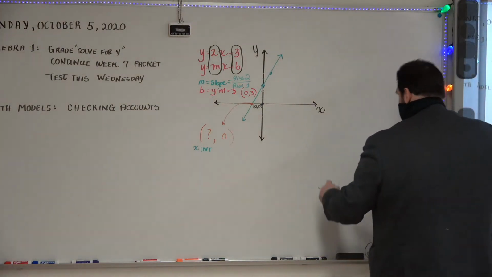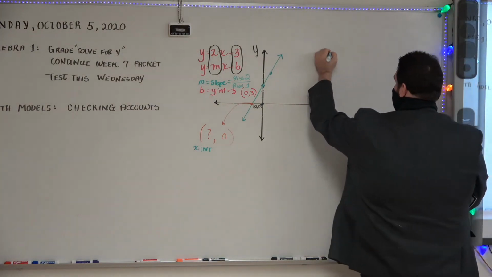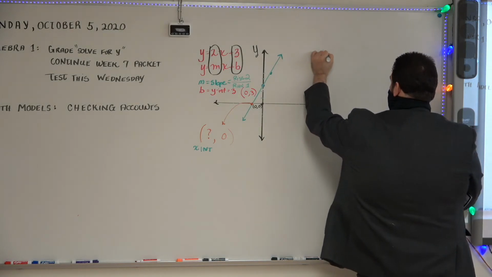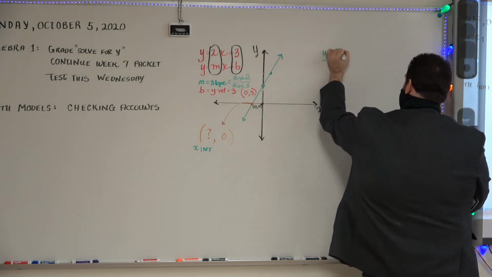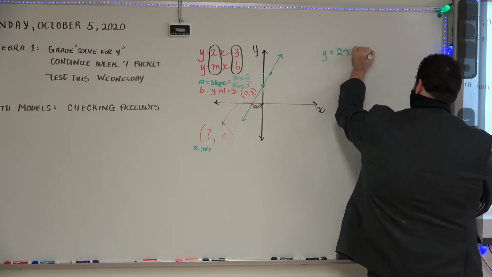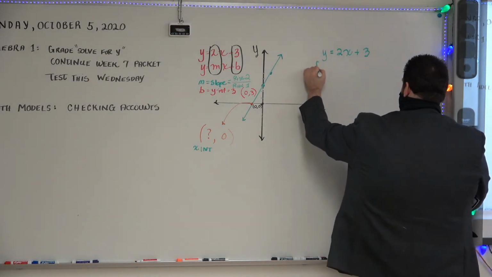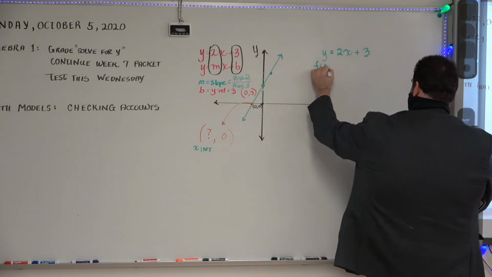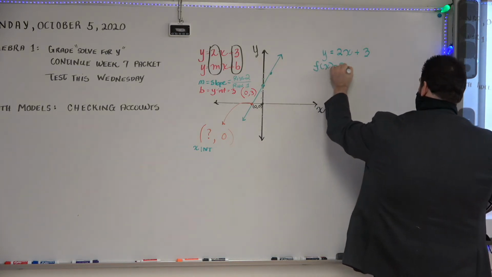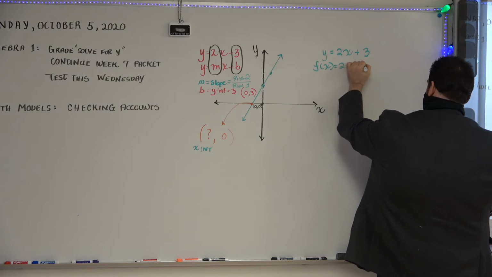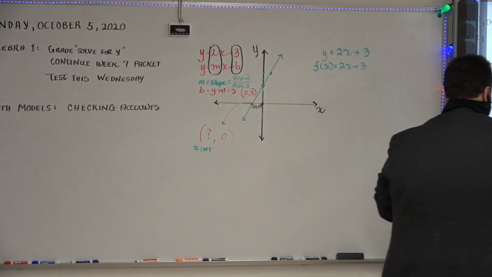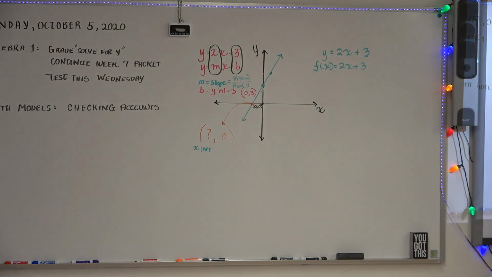On your piece of blank paper, I want you to write this: y equals 2x plus 3. Below it, I want you to write f of x equals 2x plus 3. That's how you say that. F of x. Okay?